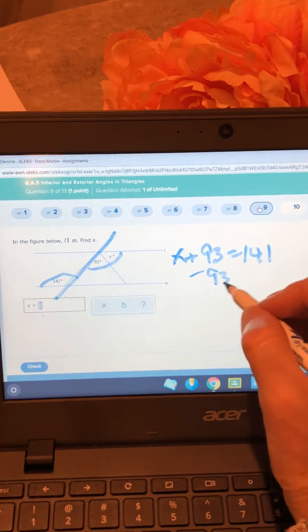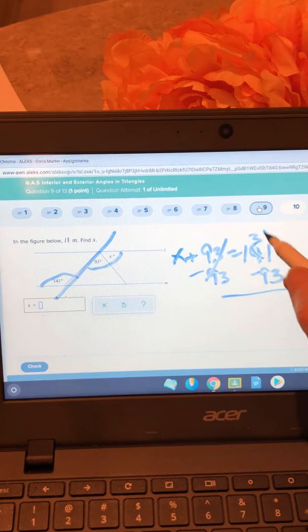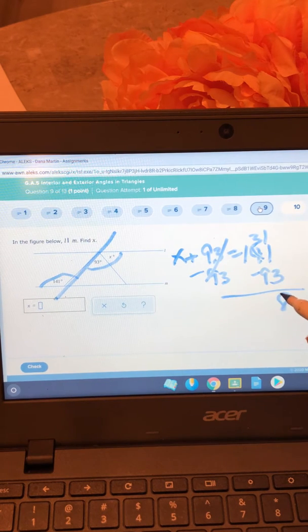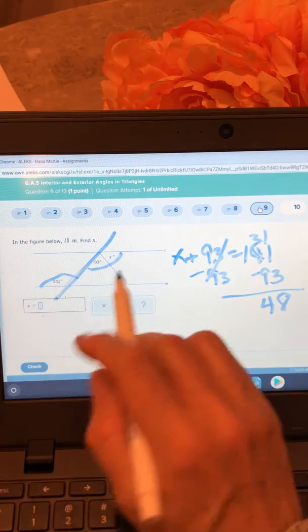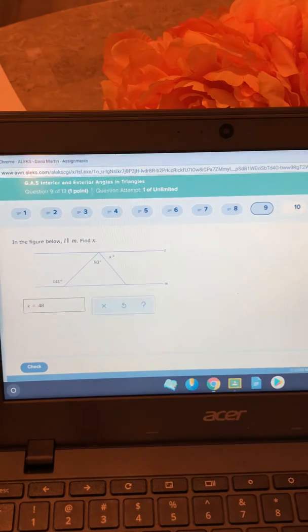I'm just going to subtract 93 from both sides. 93 subtracted from 141 is 48, and that's my missing angle right there. That angle is 48, and I plug it in as my answer. We're already in number 10.